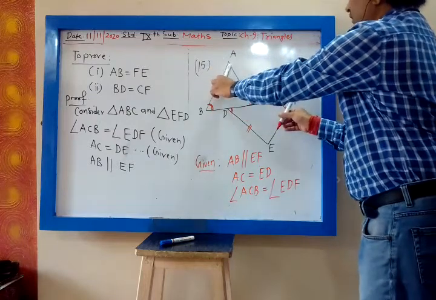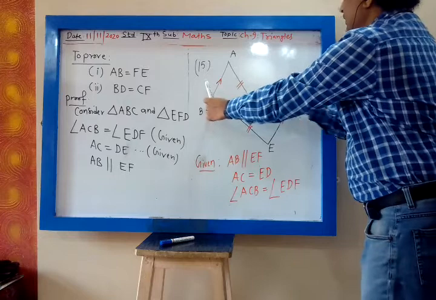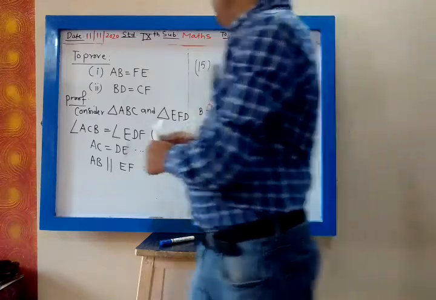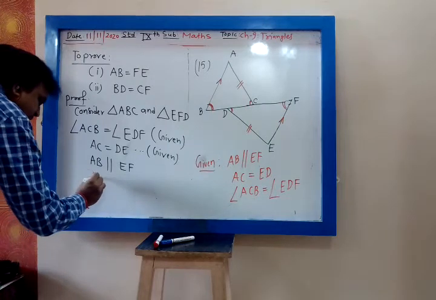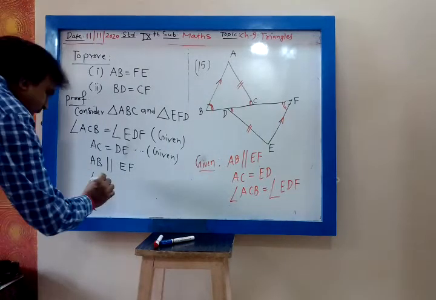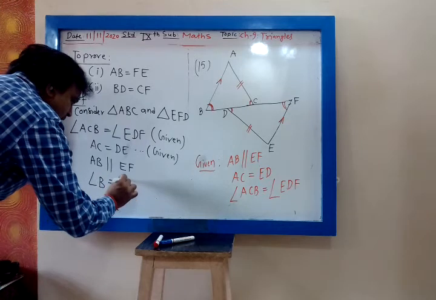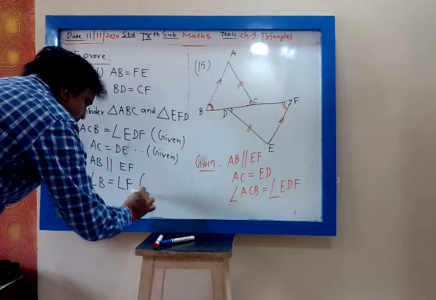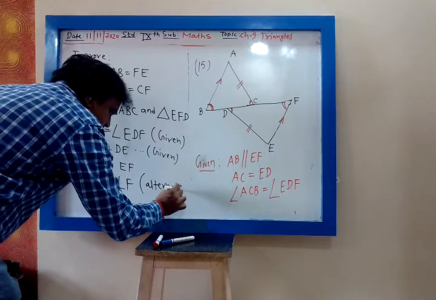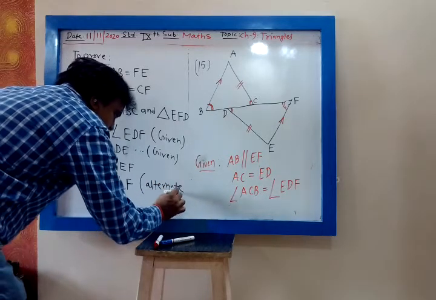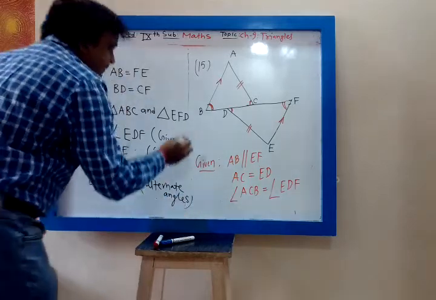BF is the transversal. So this side angle will be same as this side angle. So we write angle B is equal to angle F. You write alternate angles.